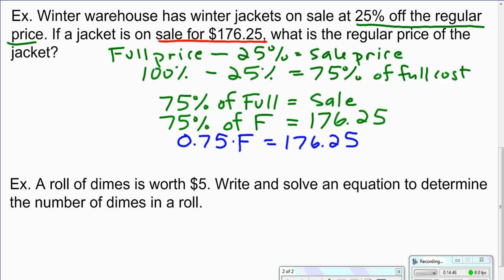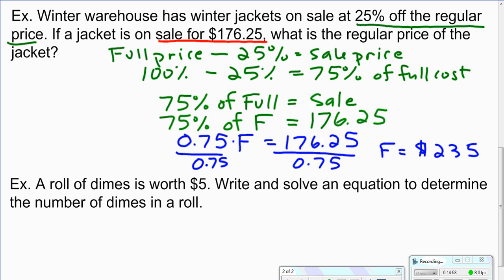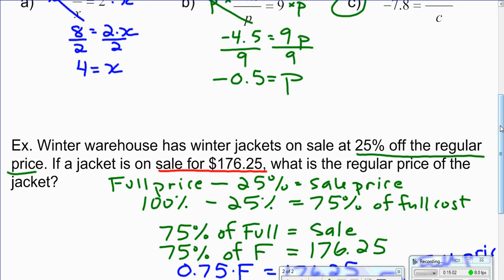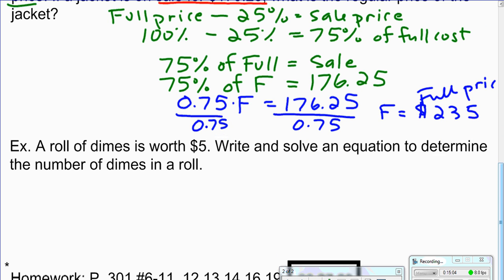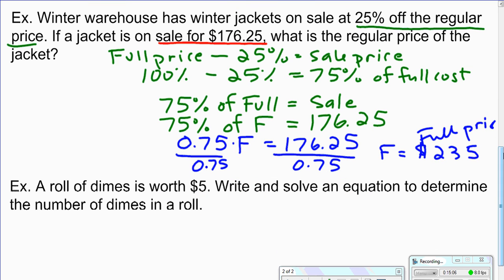So now I can figure out what F is by dividing both sides by 0.75. So total price is $235. Or the regular price before the sale. Oops. Oh, I ran out of room.